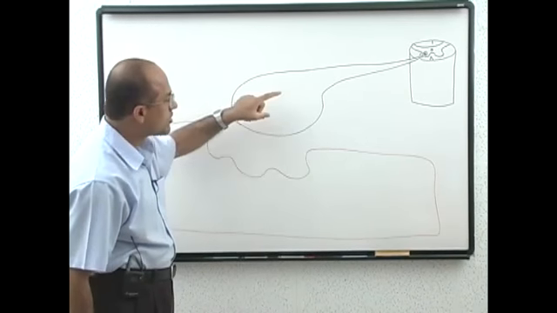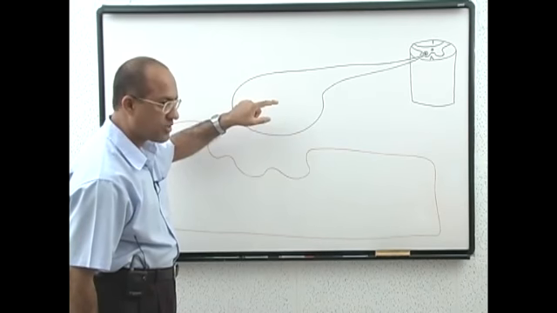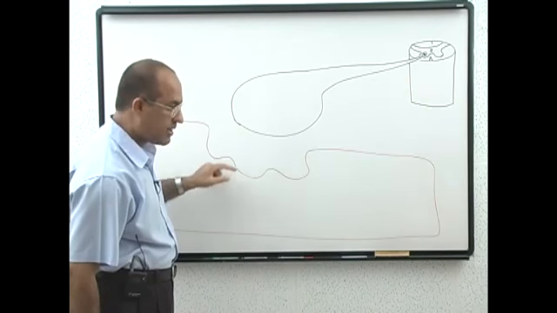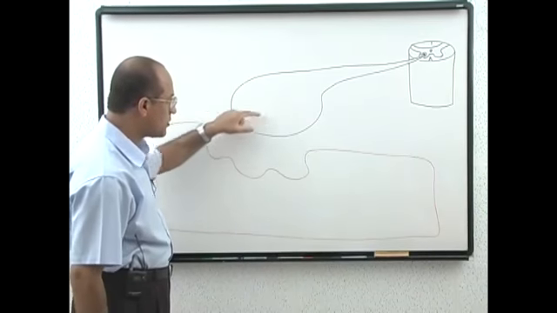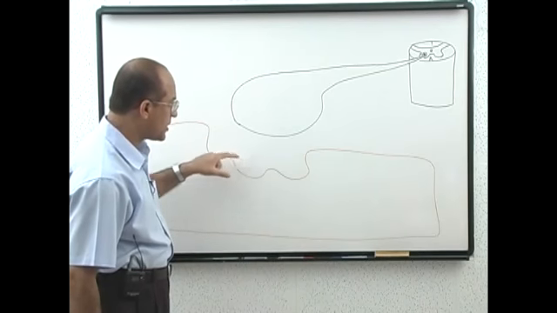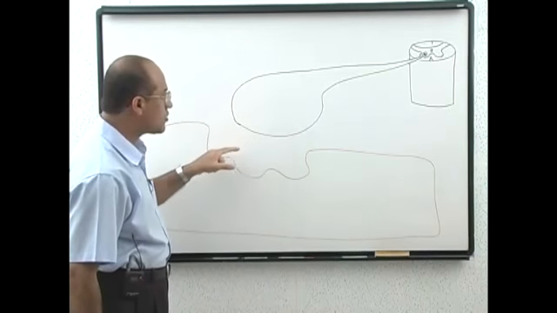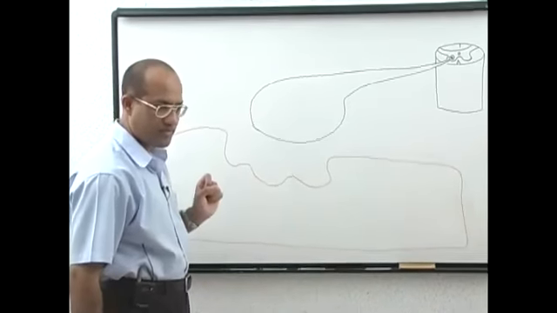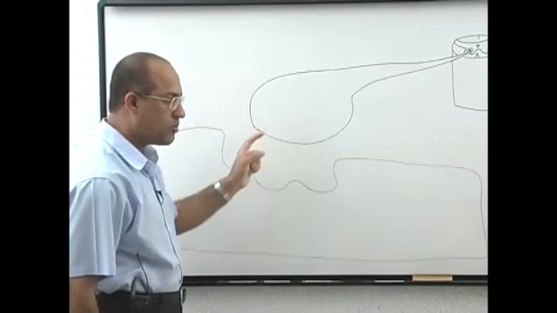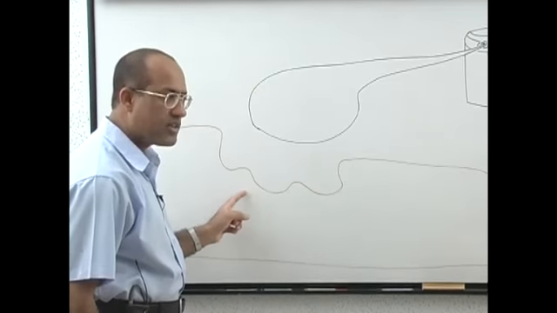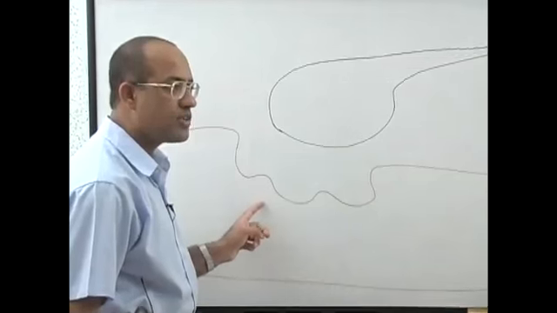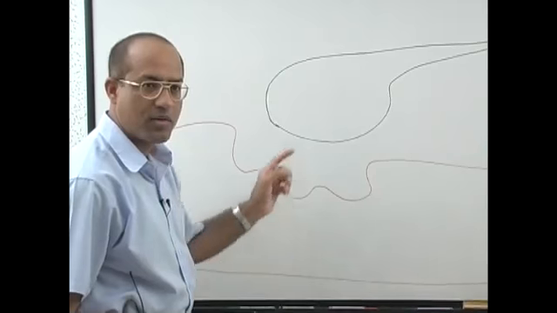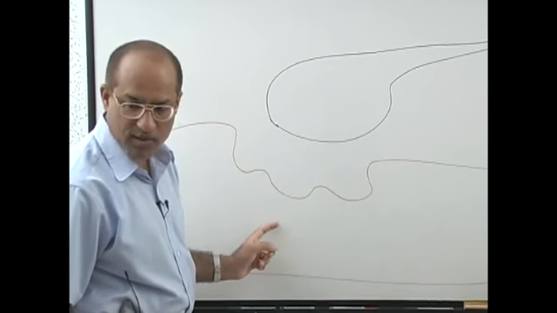This whole process of transfer of information from the motor nerve ending to the motor end plate, electrical information, chemical information, then again electrical information, is called neuromuscular transmission. What is this process called? Neuromuscular transmission: the transmission of signals from the neuron to the muscle.